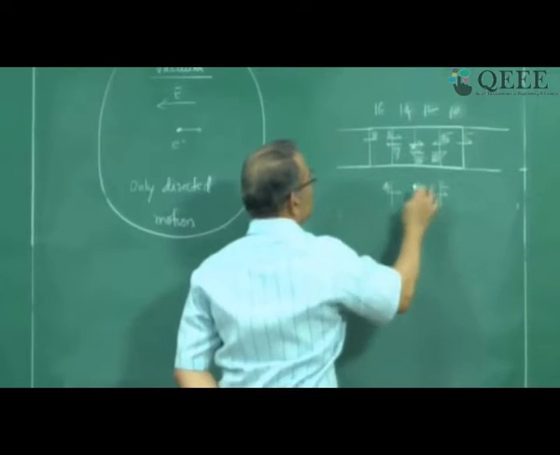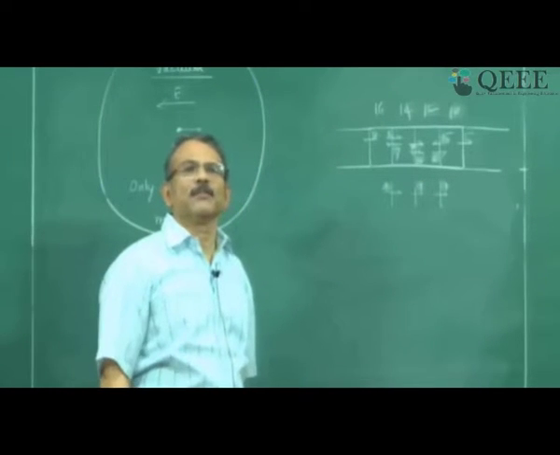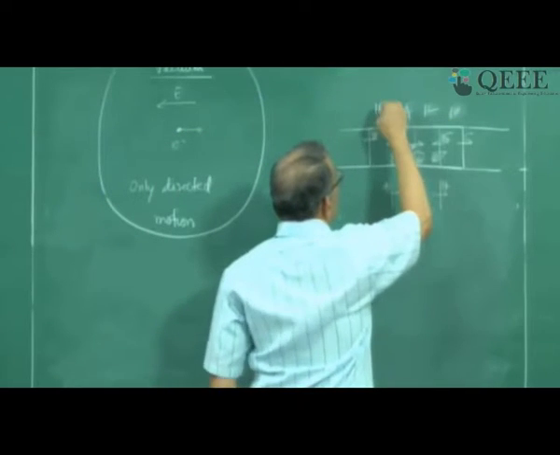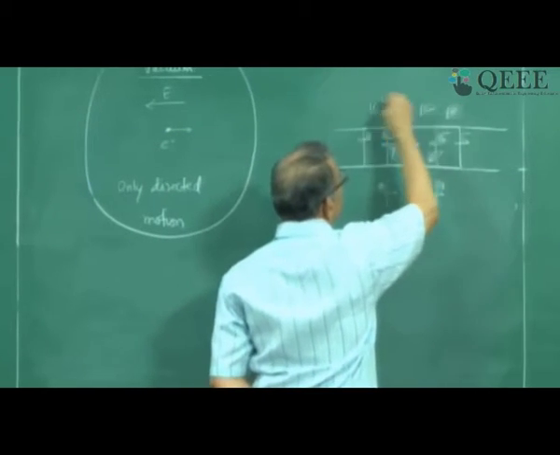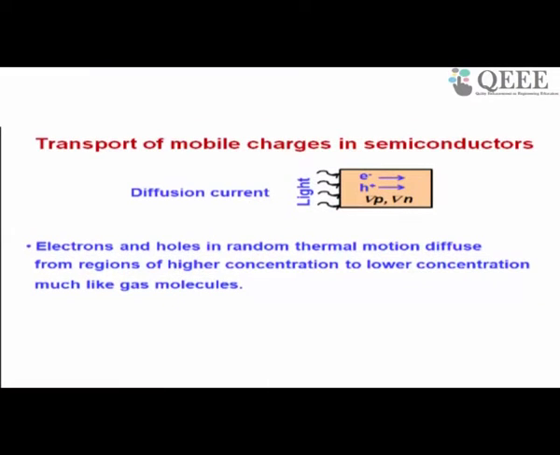Now this 2 will change to 1, you can see that I have only one electron crossing from left to right. So I have decreased the concentration gradient. Earlier it was from 16 to 4, now it is only 16 to 10. So that is how you get diffusion, again because of random motion. Please note, if there is no random motion, there will be no diffusion current. So diffusion is also a superimposition of a directed motion on random motion.